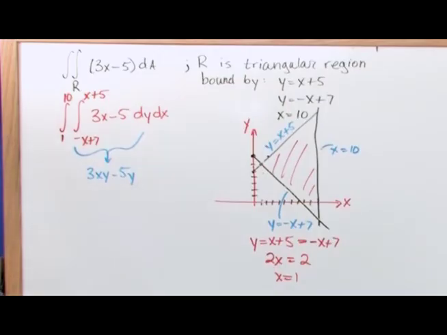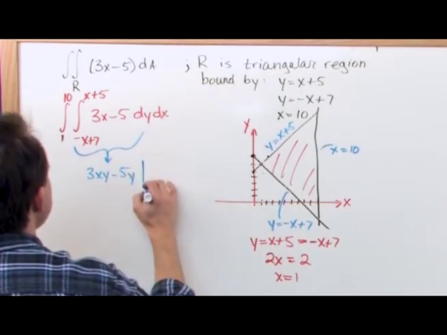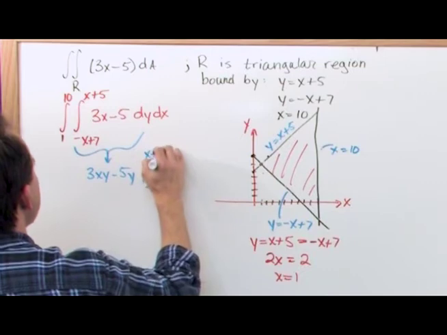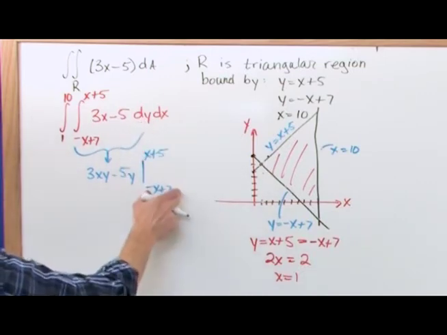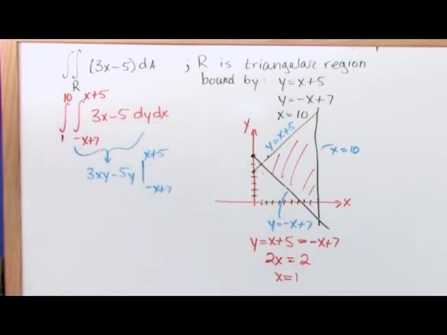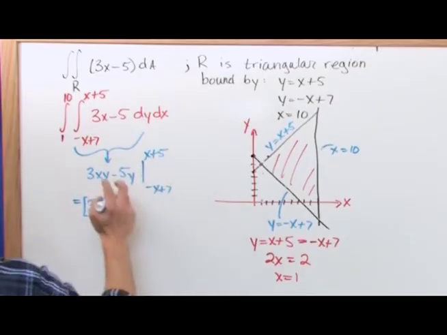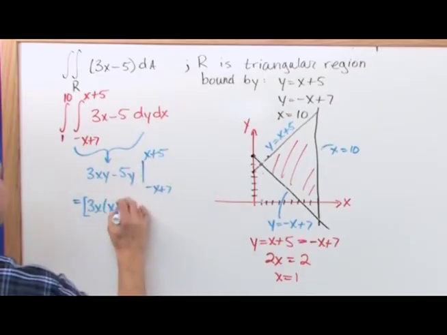You're going to evaluate this from negative x plus 7 up to x plus 5. And we're plugging this into the values of y because we integrated only along y. So this is going to equal 3x, and plugging into y, I'm going to have x plus 5.